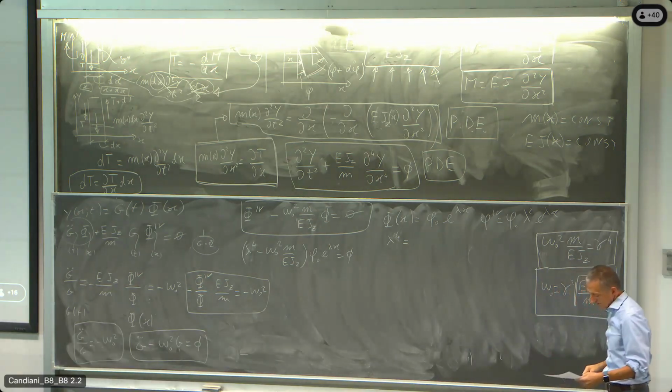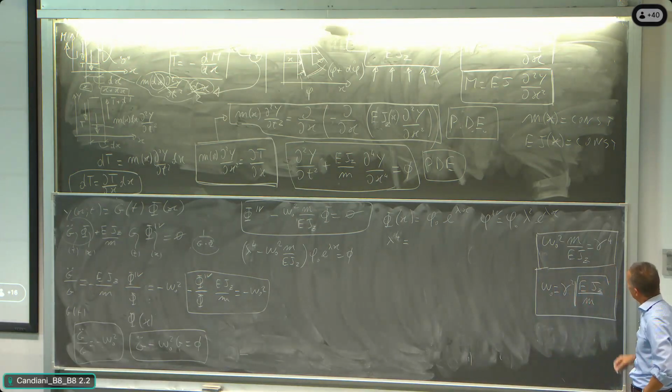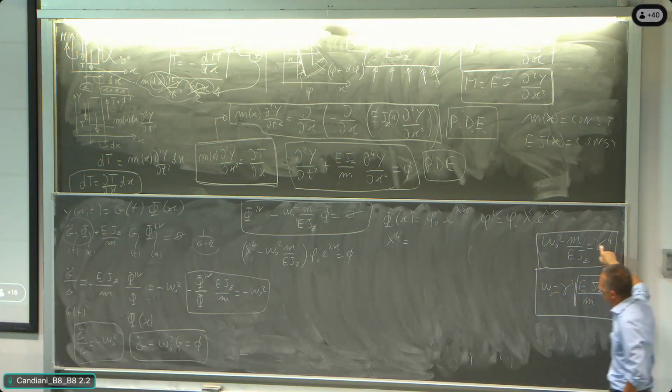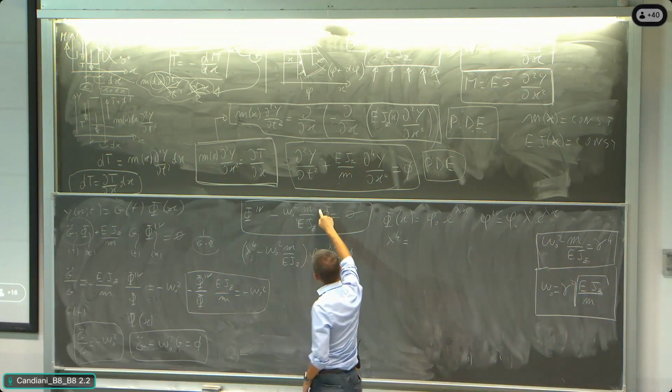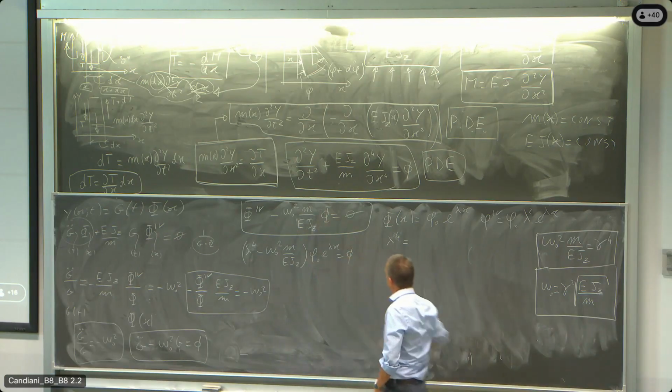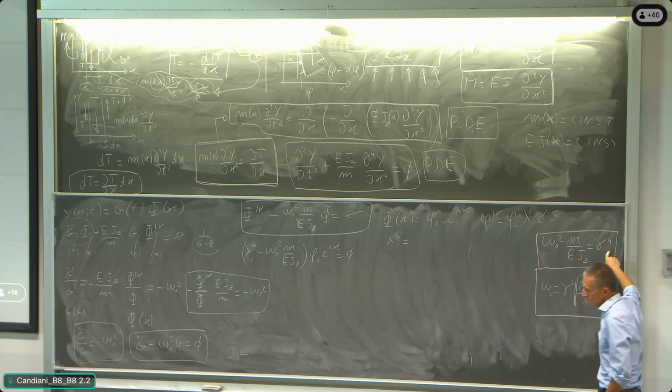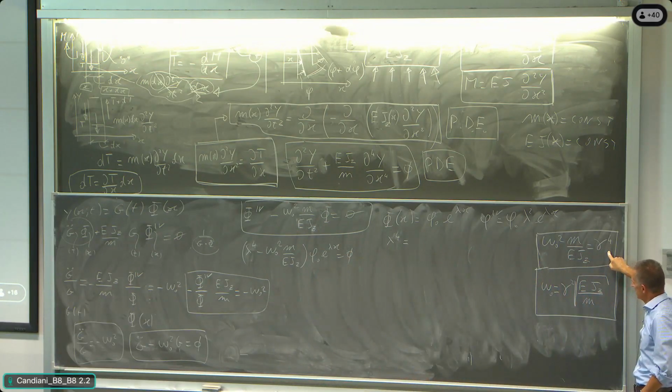So the key point now is to name the quantity omega 0 square m divided EJ with a new name. We call it gamma to the power of 4. Okay? We name this quantity like that.